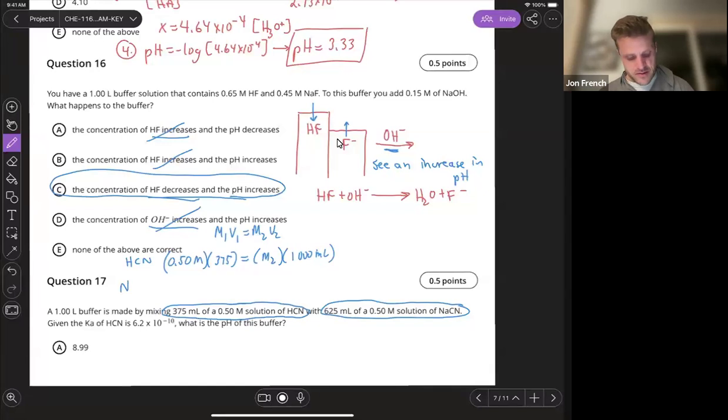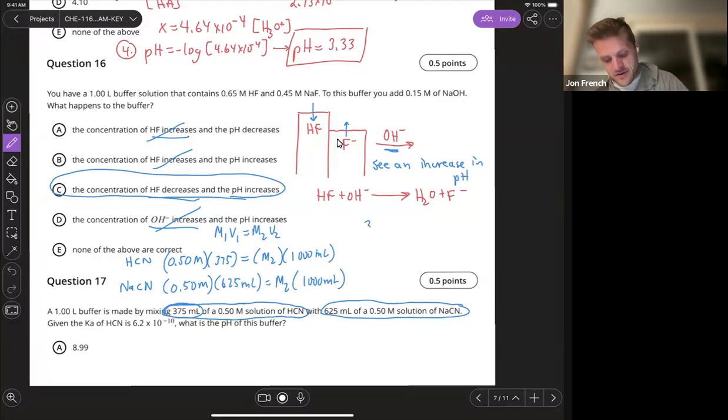Do the same thing for the sodium cyanide: 0.5, 625, our new concentration at 1,000 milliliters. The 1,000 milliliters comes from, when I make this buffer, I add 375 of the one solution with 625 of the other solution. And that's how my final volume ends up being 1,000 milliliters.